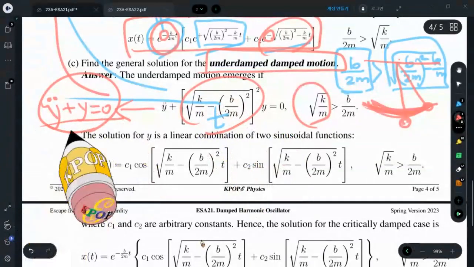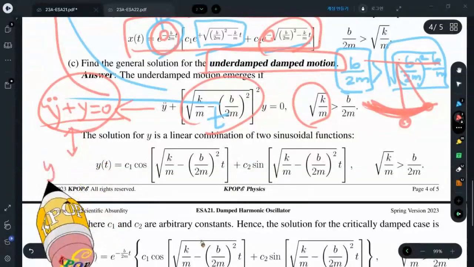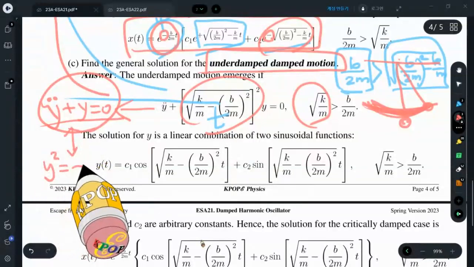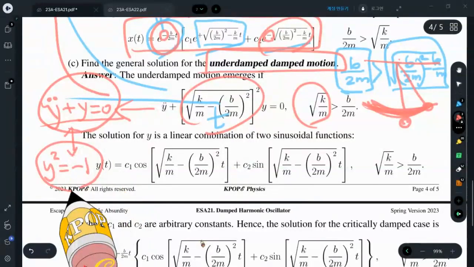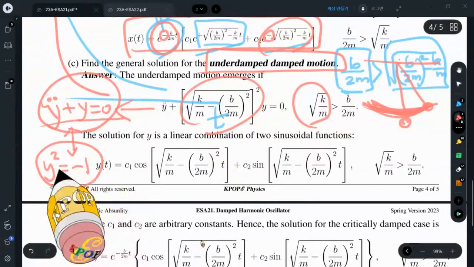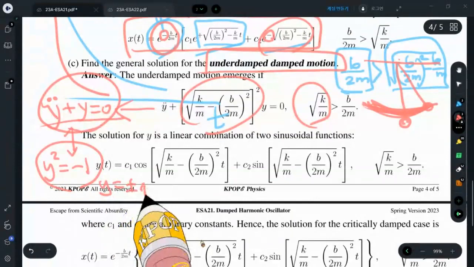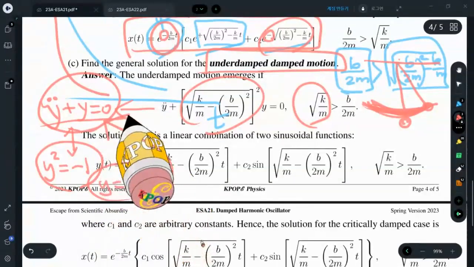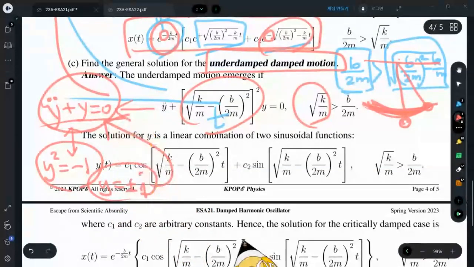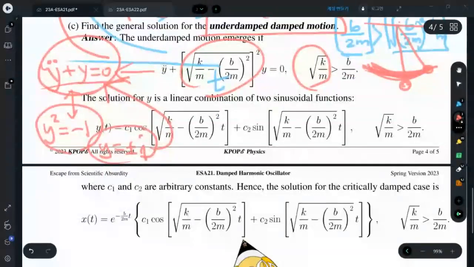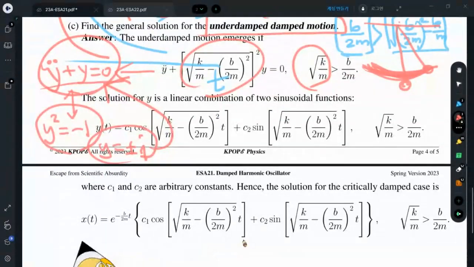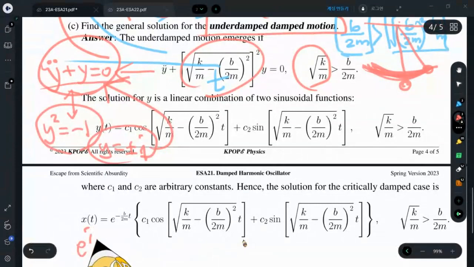So the solution of this is related to the quadratic equation that has lambda squared equals minus 1. The solution of lambda squared equals minus 1 is plus or minus i. And this solution determines the solution of the second order differential equation, that is the exponential function e to the i something, e to the minus i something.